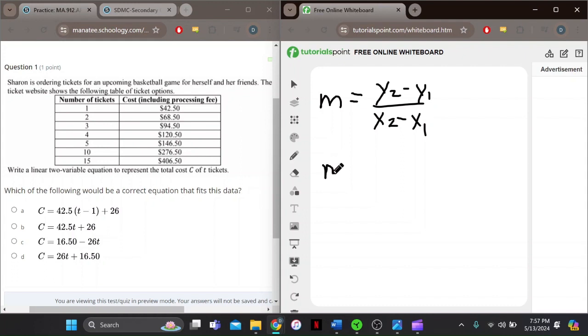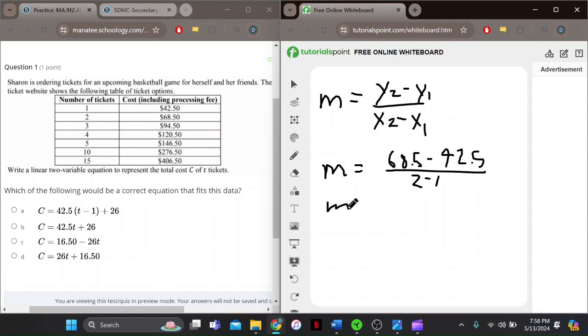And I would go ahead and plug in for my y2, I could do 68.5, minus 42.5, which is just the one above it. And then for my x's, 2 minus 1.